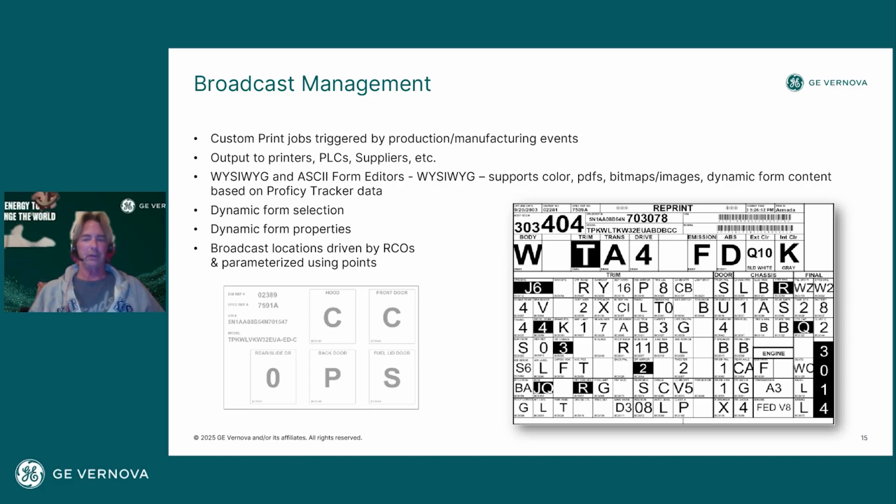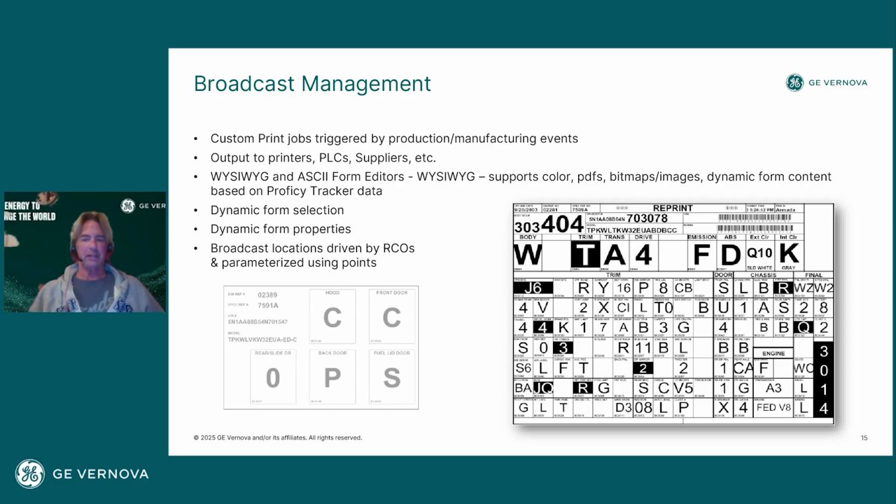We do include a form builder we call what you see is what you get. And basically you can lay out how you want this printed and tie that to points, attributes of your items, or any other data available in the tracker system. In real time, this can be focused on a single item and produce a printed output.